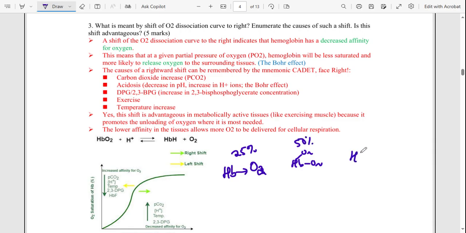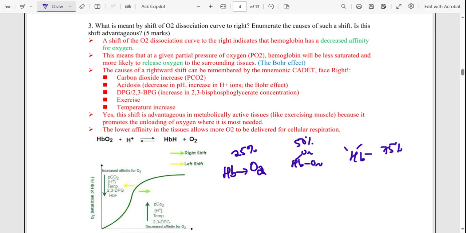If it is bound to 3 oxygens, that is 75% saturated. And if it's bound to 4 oxygens, that is 100% saturated. Okay? Are we getting the sense? All right. Okay, so that is what happens.